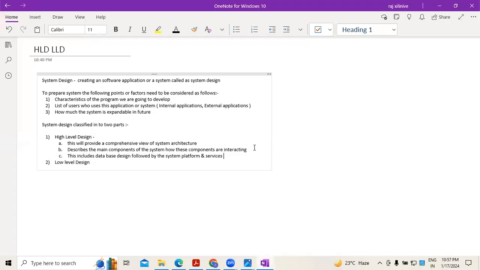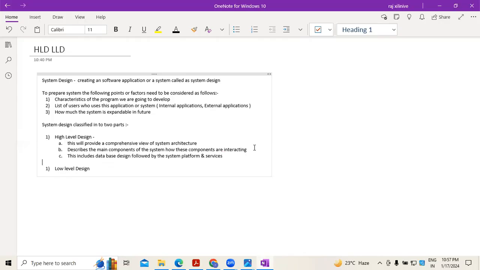Understood? Clear? Right? So whenever we are creating the high level design, especially under system level designing for any application we are developing, it's not only about the comprehensive view of the system architecture.